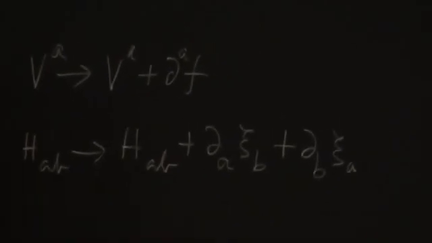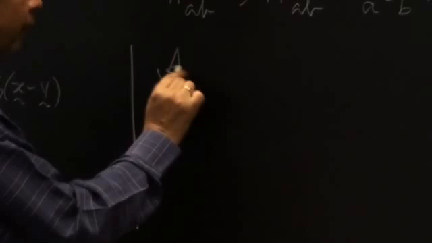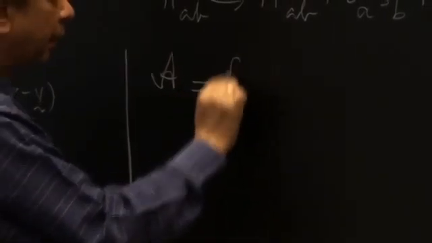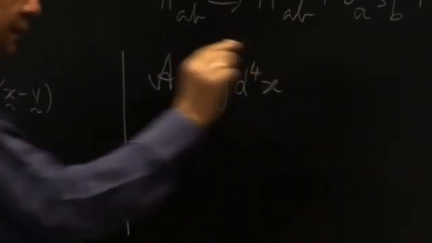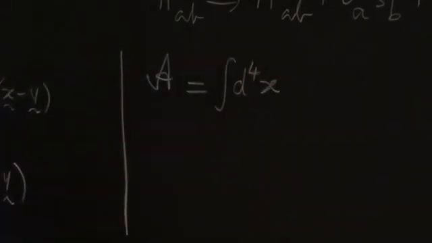So what we want to do is to write down an action for the vector field, which I am going to write as some integral over d4x, flat space-time, quadratic in the derivatives of the field.